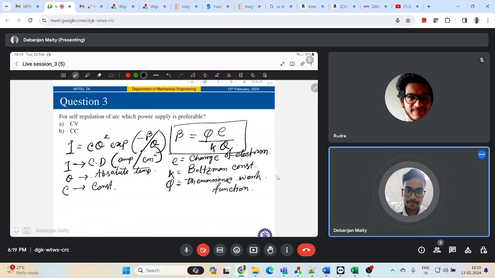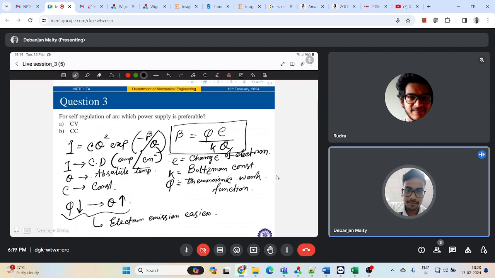From this equation, what can we say? We can say that a lower value of phi and a higher value of theta, so if my phi decreases and along with that theta increases, that will make my emission of electrons much easier if you are working with a material of lower work function and a higher value of theta, correct?